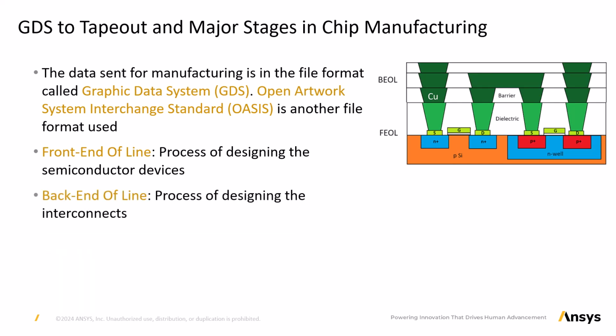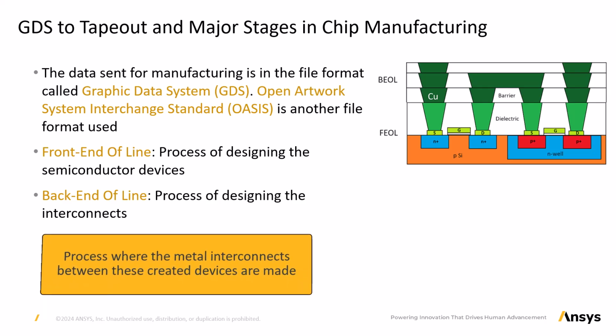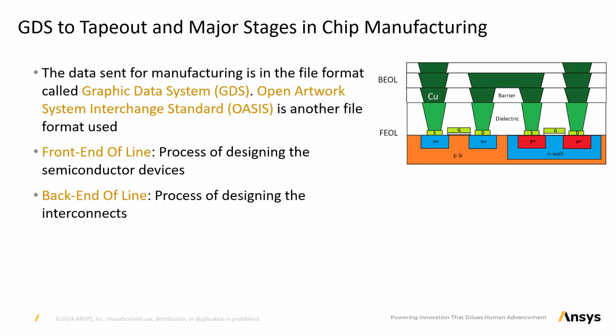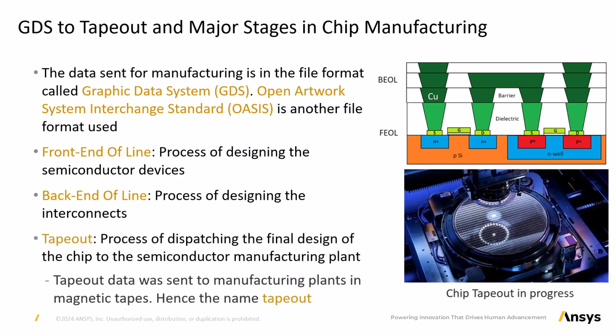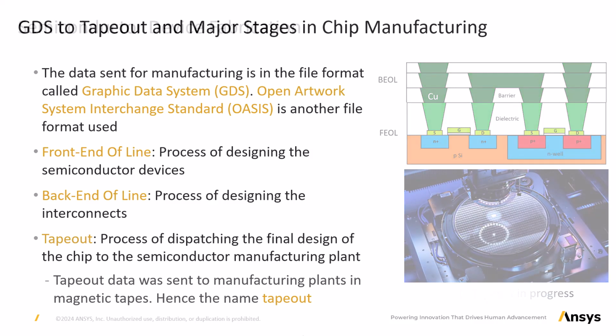BEOL refers to the manufacturing process where the metal interconnects between these created devices are made. The process of providing the final design of the chip for manufacturing is called tape-out. The term tape-out originates from the time when design data was sent to the manufacturing plant on magnetic tapes.